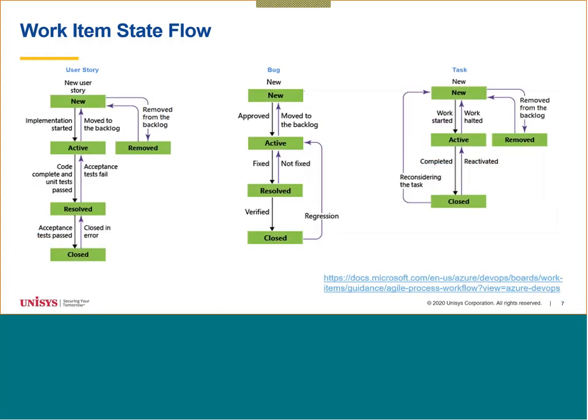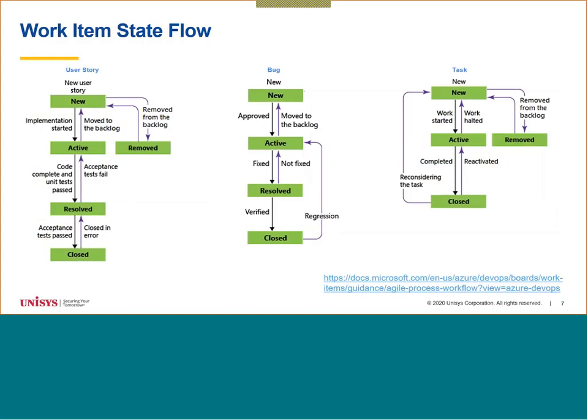Each work item type goes through a series of stages. By default, when it comes in, it'll be a new item, and then somebody can move it to an active item, and then resolved, and closed. You can see here there's a wide variety of states that a work item goes through, and it has to go through the states in order.